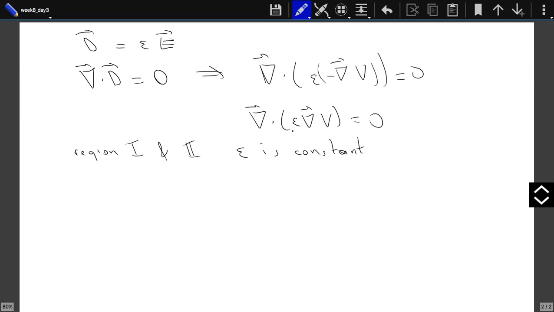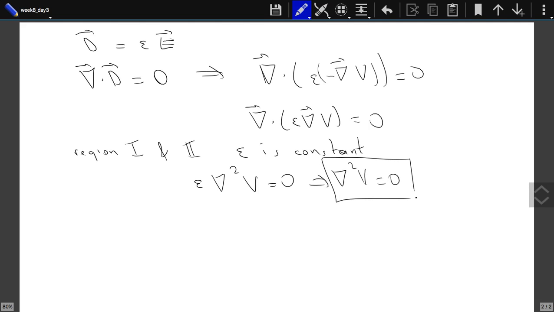So, since epsilon is constant in both of these regions, I can take it out of the divergence, out of the derivative, and what remains is epsilon times the Laplacian of V is 0, or the Laplacian of V is equal to 0. This is true only in region 1 and also in region 2, but not at the boundary. It will have non-zero value because we will have surface charges on the boundary.